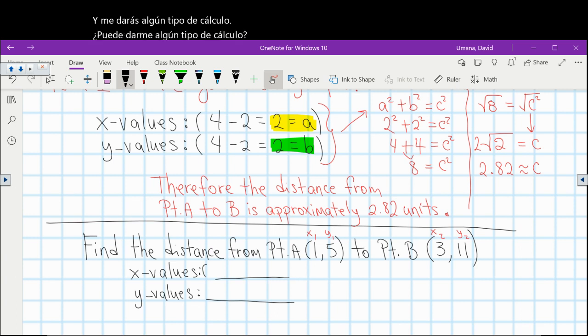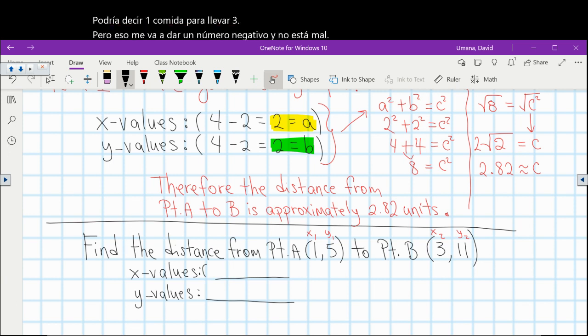So, is there anyone still copying the original? So for those of you who are on the new one, what numbers am I going to use for the x value? 1 and 3. So how do I set that up? I could say 1 take away 3, but that's going to give me a negative number, and it's not wrong.